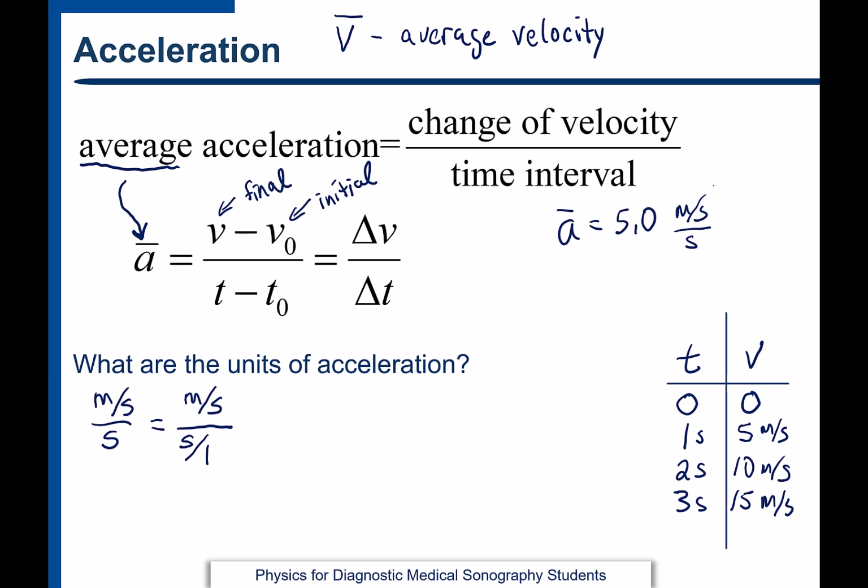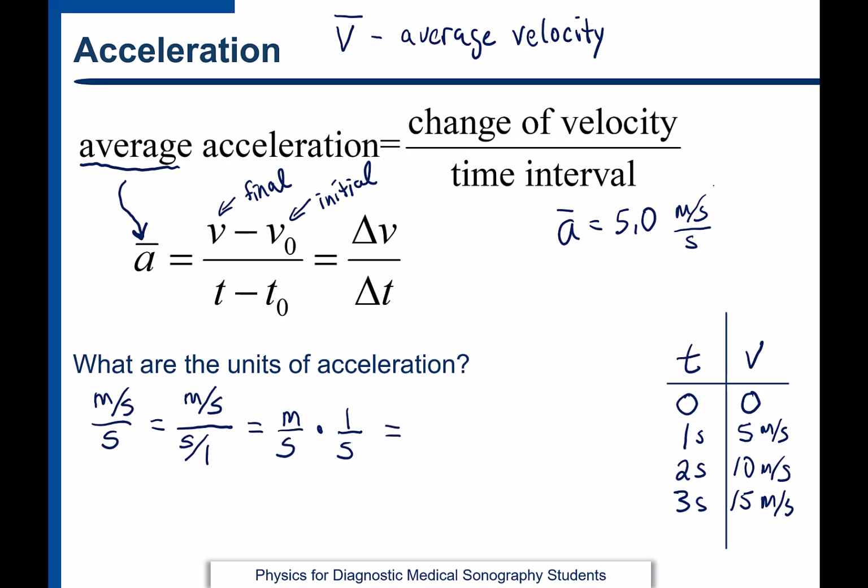So now that's written as a fraction. And remember what we do to divide fractions: we take the reciprocal of the denominator and multiply it by the numerator. In other words, we take meters per second, the numerator, and to divide by seconds over 1, we would multiply by the reciprocal, 1 over seconds.